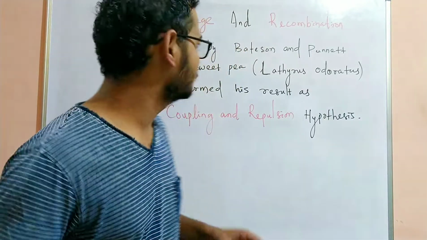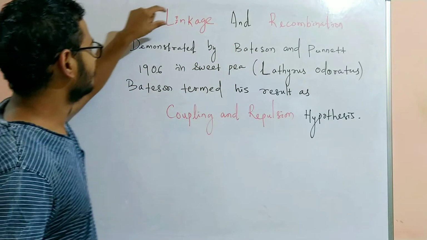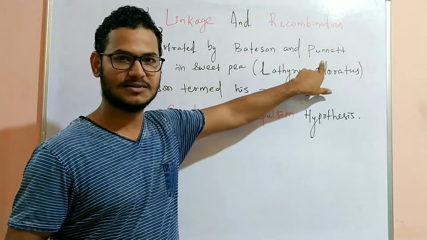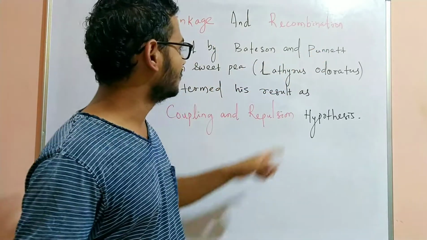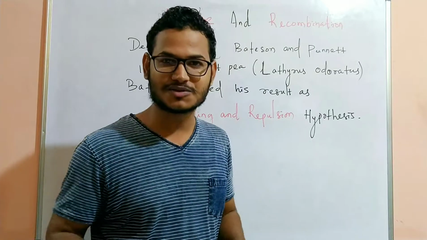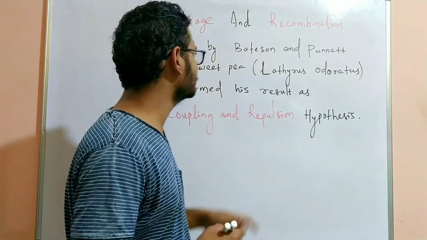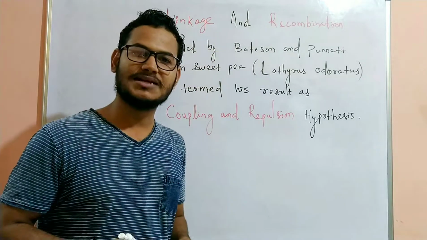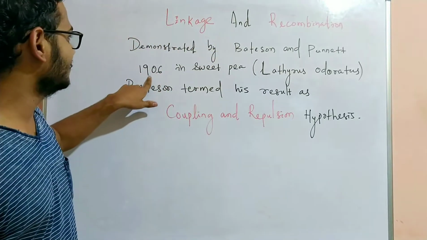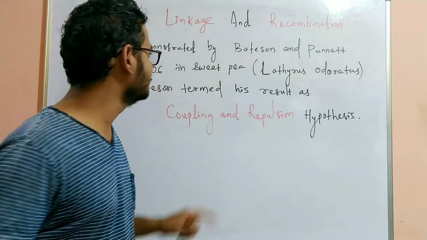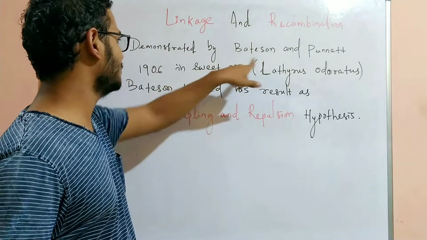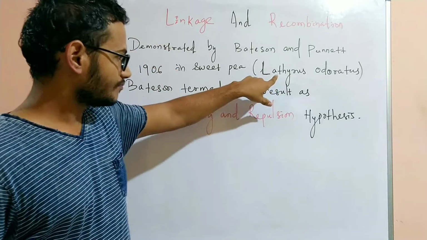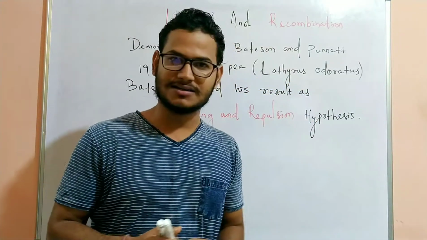Okay, so first look at this. The linkage was first demonstrated by Watson and Punnett. Punnett you know very well from doing the Punnett square in monohybrid and dihybrid classes. So Watson and Punnett together demonstrated the theory of linkage, and in 1906 they conducted their experiment together on sweet pea, or Lathyrus odoratus.